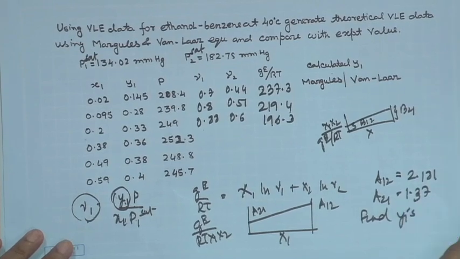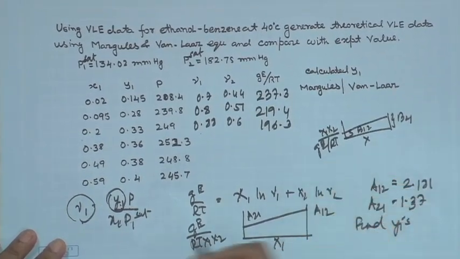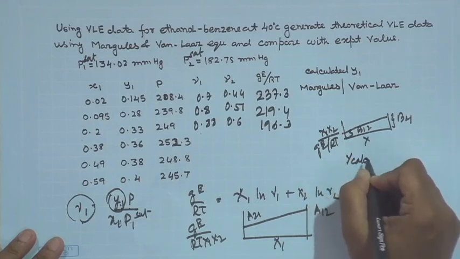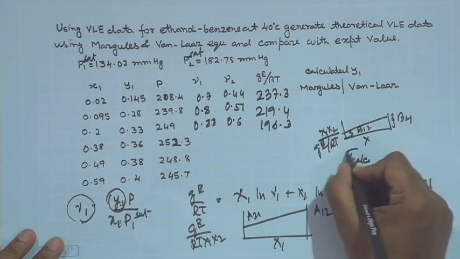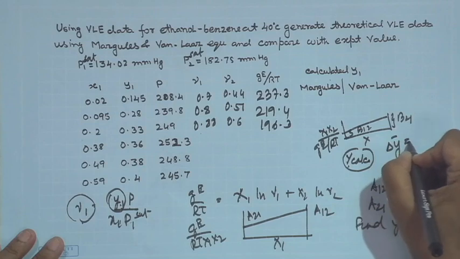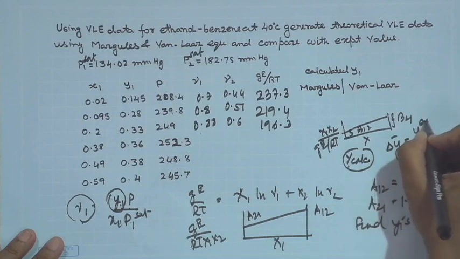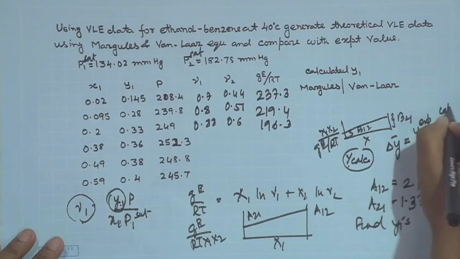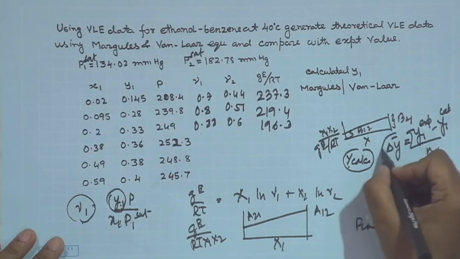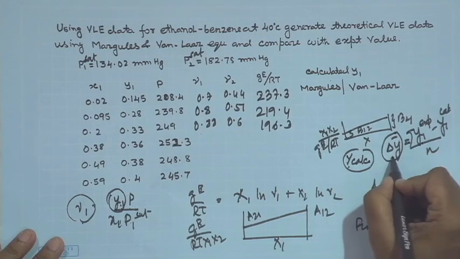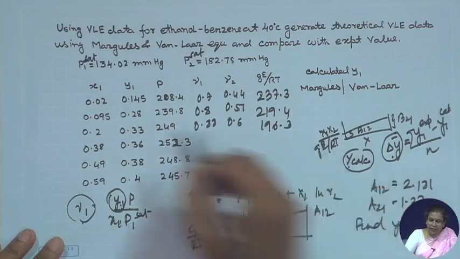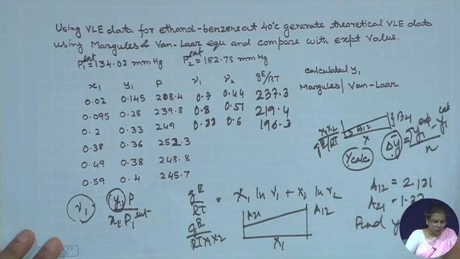The thing you need to do is find out y calculated, and once you find y calculated for each case, the variation can be found from delta y bar equals the sigma of (y i experimental minus y i calculated), divided by n. You are required to find this delta y bar for 3 suffix Margules and for Van Laar, compare the two, and then comment on the suitability of the two equations.